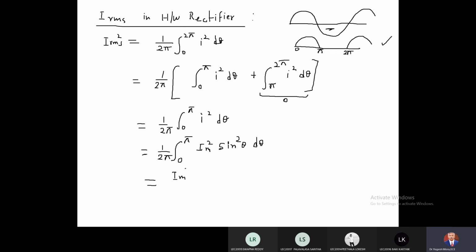So this is Im square by 2 pi, then the integral from 0 to pi of sin square theta, which we already know we can write as (1 minus cos 2 theta) by 2.